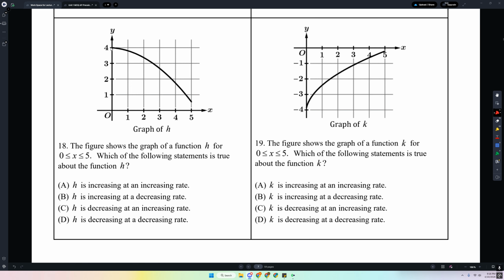We'll do 2 more of these. Okay, we'll do 18 and 19 as well. My tip for these questions would be to look at the slope, not just the actual values of the slope.